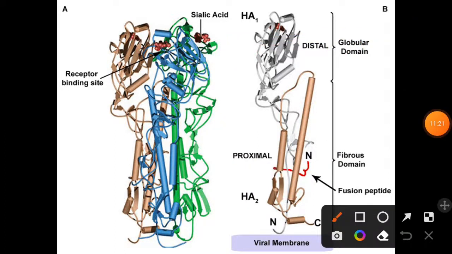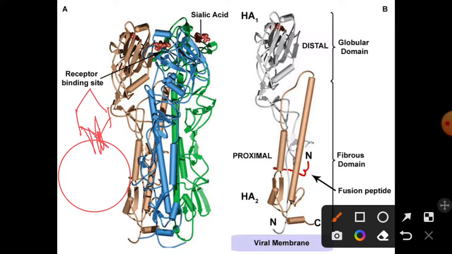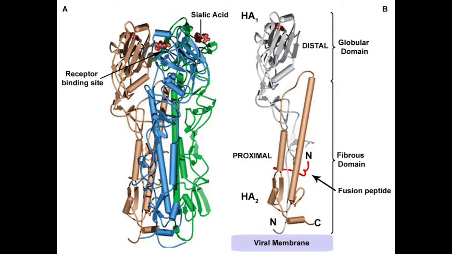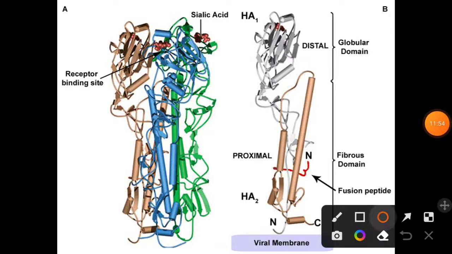Let's say this is a host cell and this is your virus, so many hemagglutinin molecules together try to fuse with the vesicle membrane. We have already entered inside, so it will not be the virus, instead it will be your endocytic vesicle. Inside the endocytic vesicle there is a virus present, right?